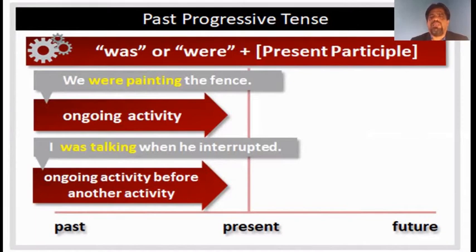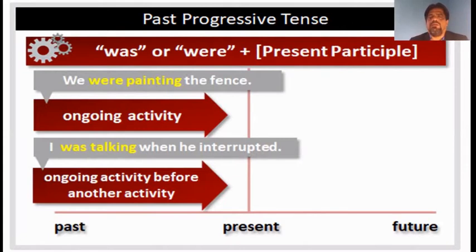If the subject is third person singular, then we must use was. For all other subjects, we may use were. And that could be the best way to remember. I'm not asking you to write singular was every time. Instead, you may use was for all the third person singular.